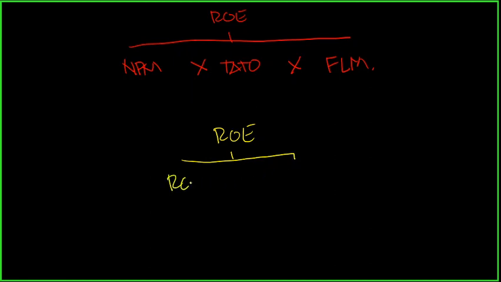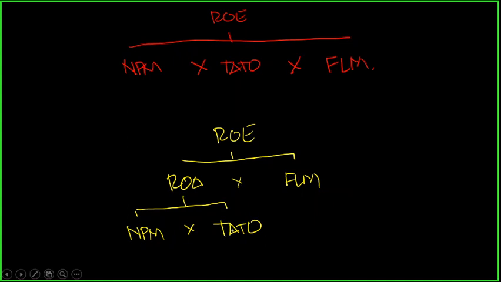First, you have your return on asset, which is a measure of profitability, and financial leverage multiplier, which is an indicator of leverage. And then your return on asset can now be understood as a ratio which is composed of net profit margin, a ratio for profitability, and you have your total asset turnover, which is a measure of asset efficiency. Okay, so that's your basic decomposition of your ROE.